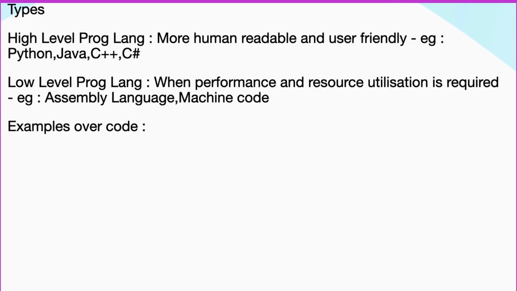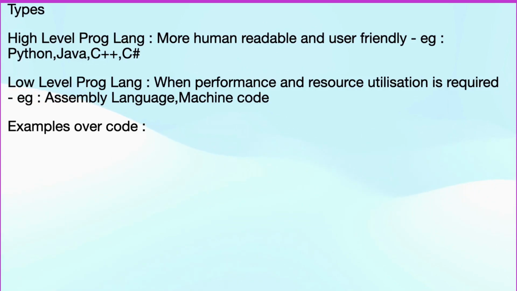If we talk about programming languages, we can classify them into two types. One is the high level programming language, another is the low level programming language. High level programming languages are more human readable and user friendly, for example Python, Java, C++, C#.